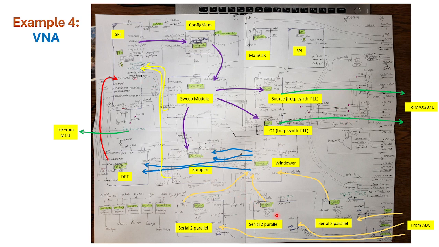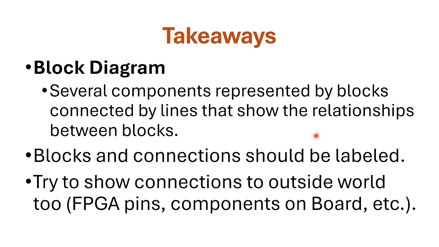This was my best shot to try to understand what was going on for the purpose of changing and modifying that. So my main point is that block diagrams are really useful.